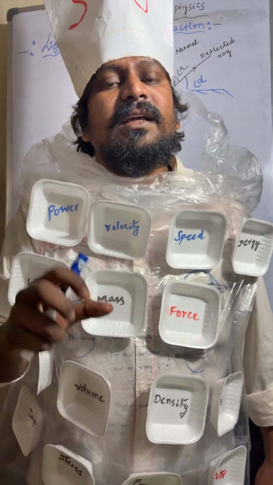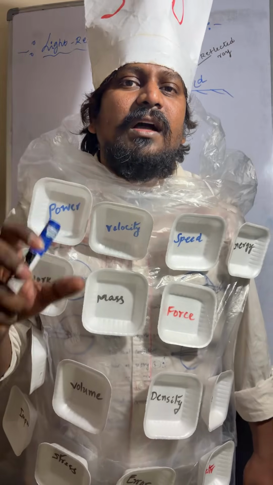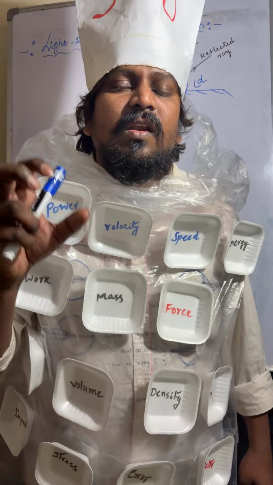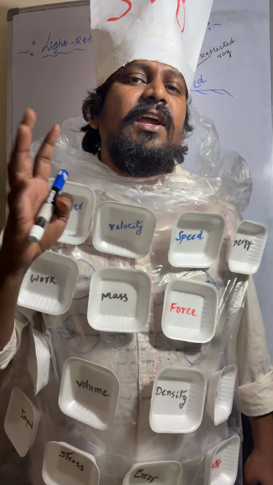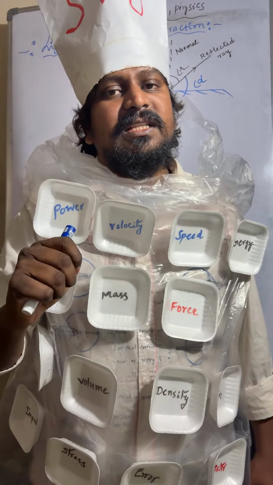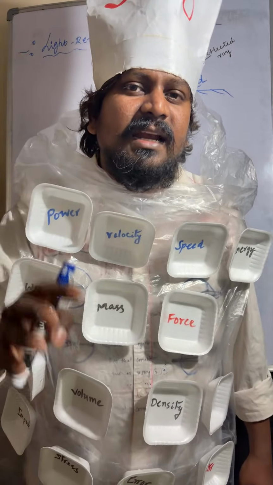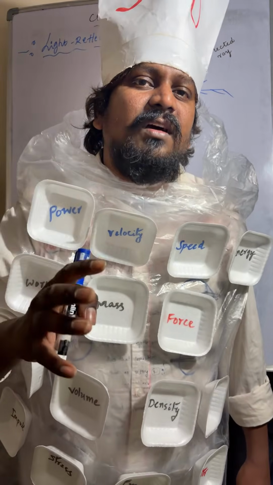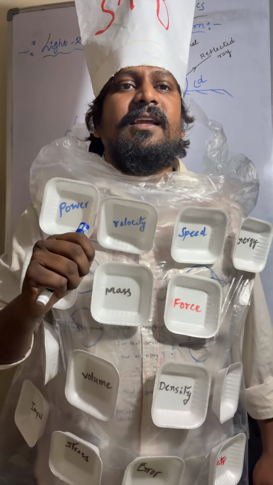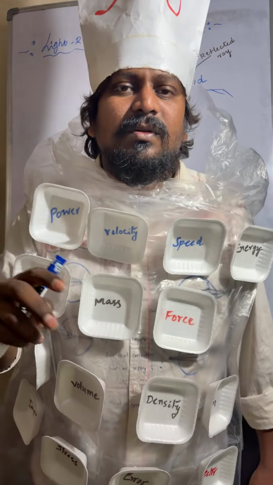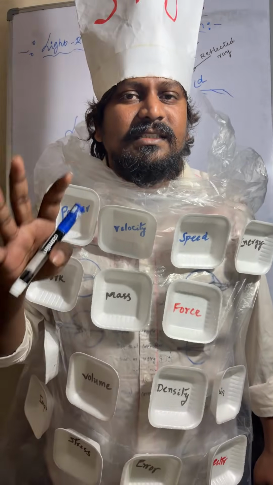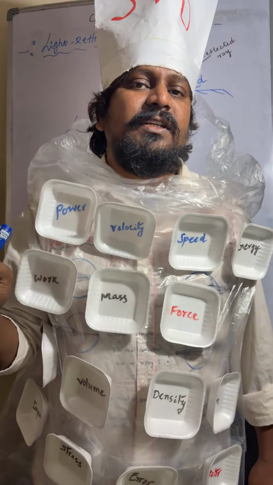Next, the laws of reflection. Point number one: the incident ray, reflected ray and normal line lie on the same plane. Point number two: the angle of incidence is equal to the angle of reflection.